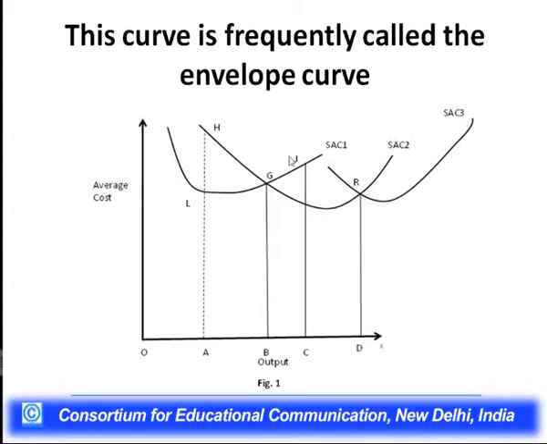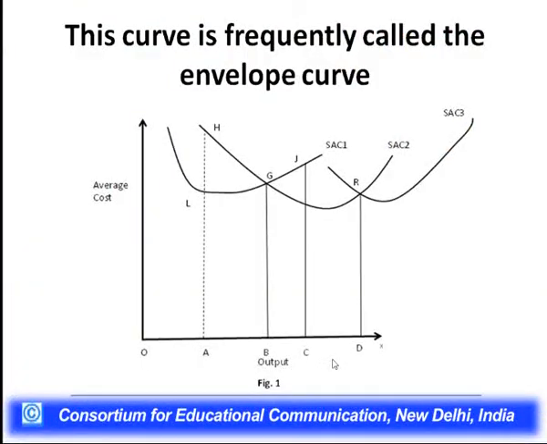Now these 3 plants are available and the firm can decide what is the output to be produced and which plant must be chosen. In the figure, we have shown output on the x-axis and average cost on the y-axis.